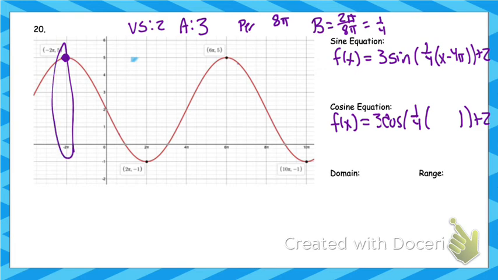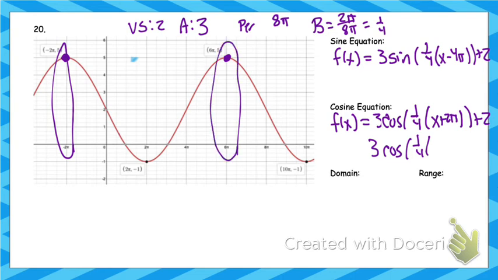I could do x plus 2 pi. The other possibility, I could use this point over here, which is at 6 pi, and do x minus 6 pi. So those are all possible equations for this graph. All right, domain is negative infinity to infinity, and range from bottom to top, in brackets, negative 1 up to 5.